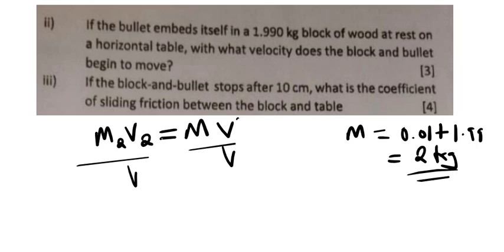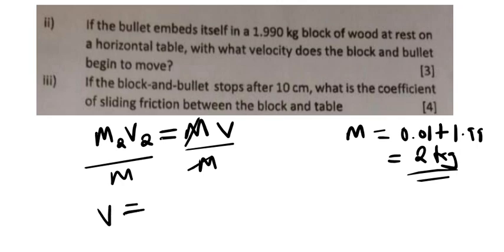So I'm dividing by the total mass. The final velocity, which will be the same for both the bullet and the block we're shooting at, is m2 v2 over m. Then we just find our v, from 200.